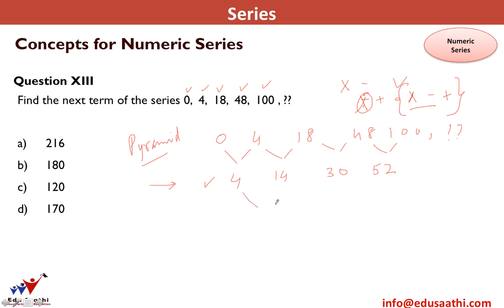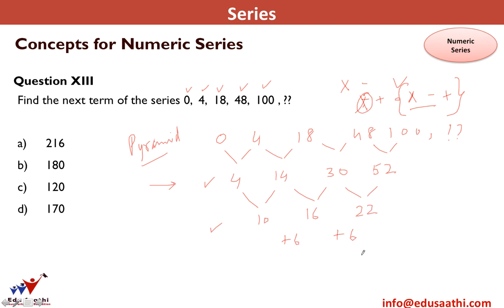Then you take the difference between the first and second term at this stage. So this gives me 10. The difference between both of them is 16, and the difference here is 22. So now I have an easy logic that 10 plus 6 is 16, and 16 plus 6 is 22. I have a logic at this stage of the pyramid, so I'll stop here.